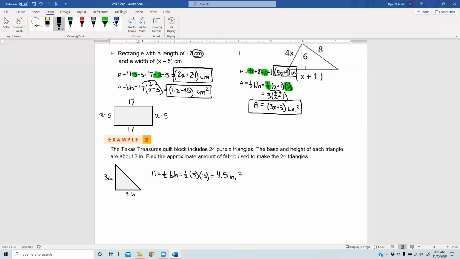But that's just for one triangle. How many did it say we needed to make a quilt? 24 triangles. So to get the total, we simply do 24 times 4.5, which would give us 108, and then our units are inches squared.